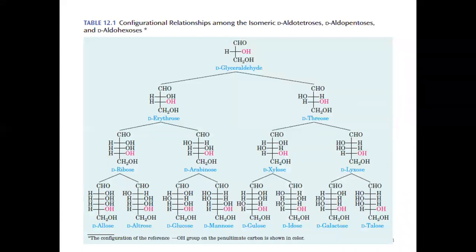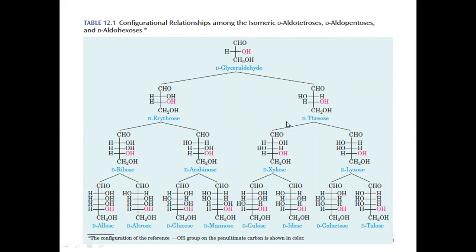So here we have the configurational relationship among the isomeric aldotetroses and aldopentoses and the aldoses in general. So you have the glyceraldehyde again, increase the number of carbons to 4.